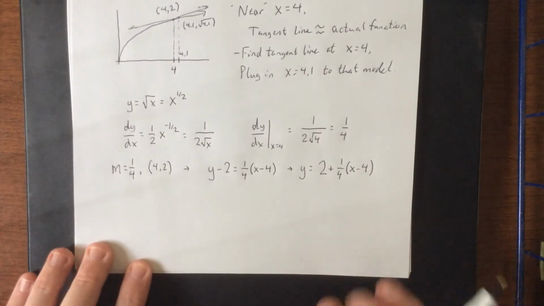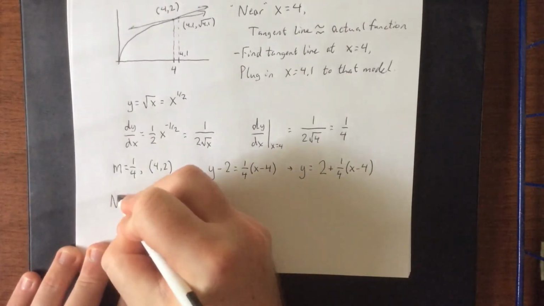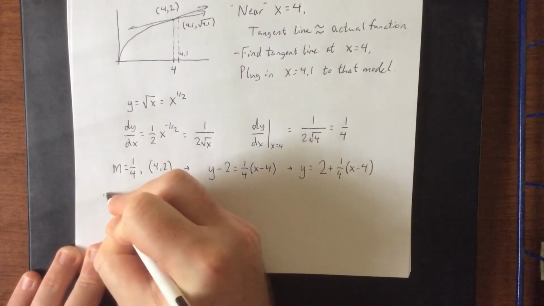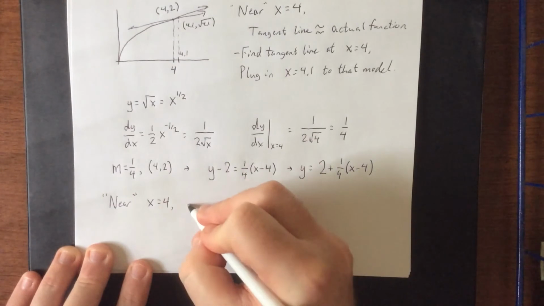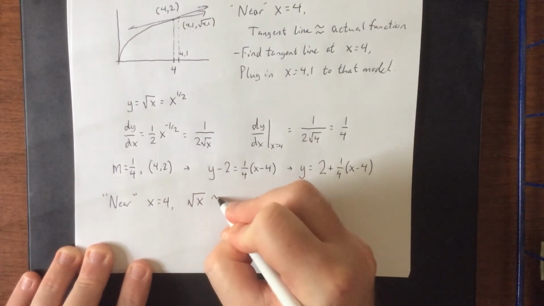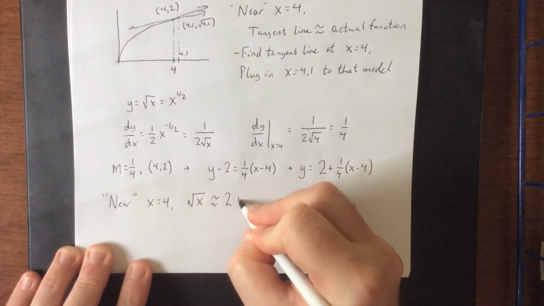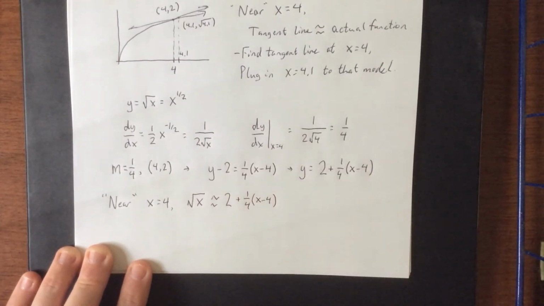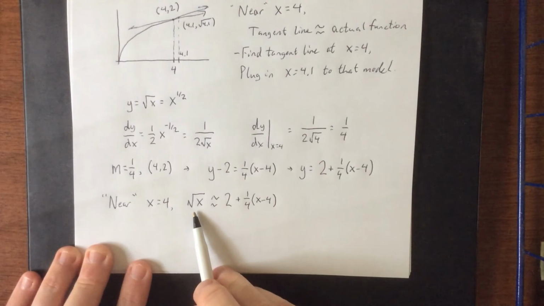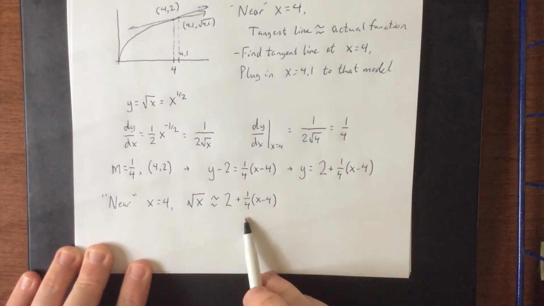Now, what the linear approximation argument is saying is that near, put that in quotation marks again, near x equals 4, the square root of x is going to be approximately equal to 2 plus 1/4 of x minus 4. So the actual function is approximately equal to the equation of the tangent line.